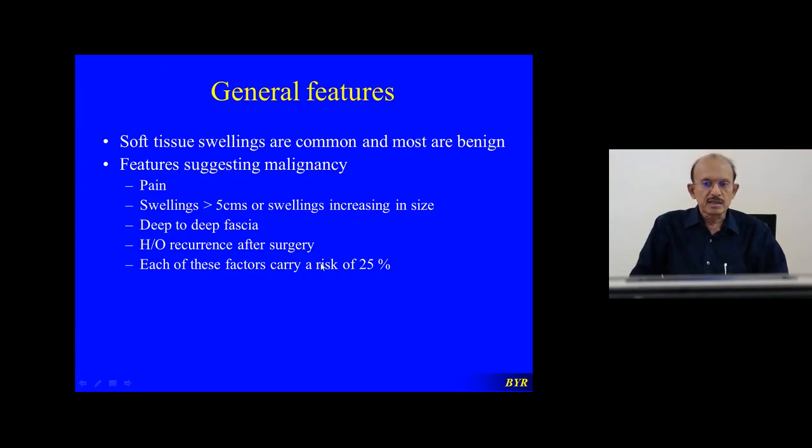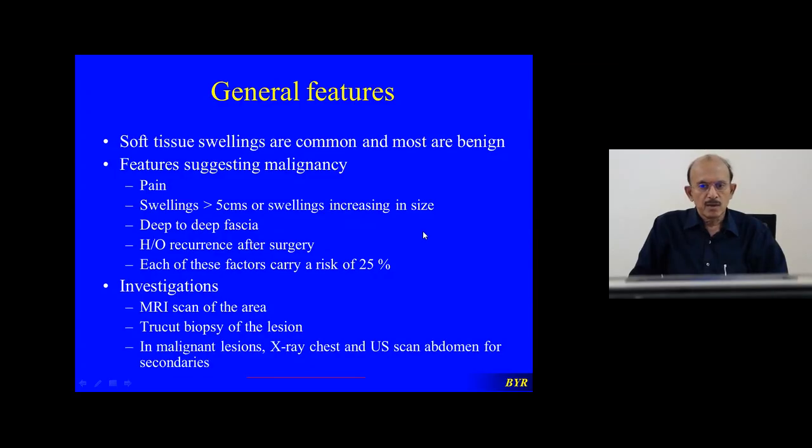Each of these factors carries a risk of 25%. Investigations: MRI scan of the area and biopsy of the lesion. In malignant lesions, X-ray of the chest and ultrasound scan of the abdomen are to be taken for secondaries.